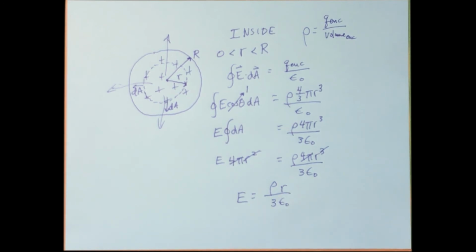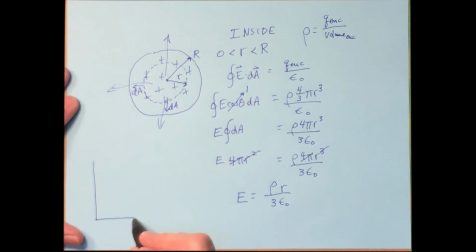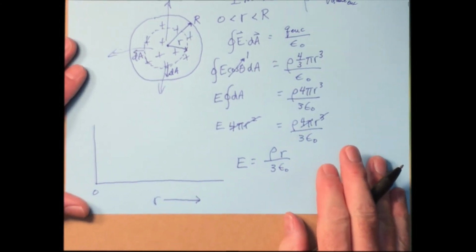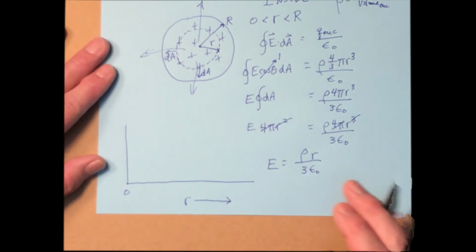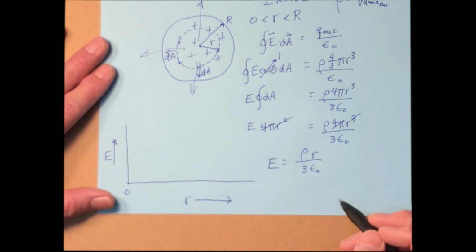Now, let's put these two thoughts together here, because we should be able to graph what is the electric field at all points from 0 to infinity. So here's our variable r going in that direction there. And this is the electric field on this axis, increasing upward.